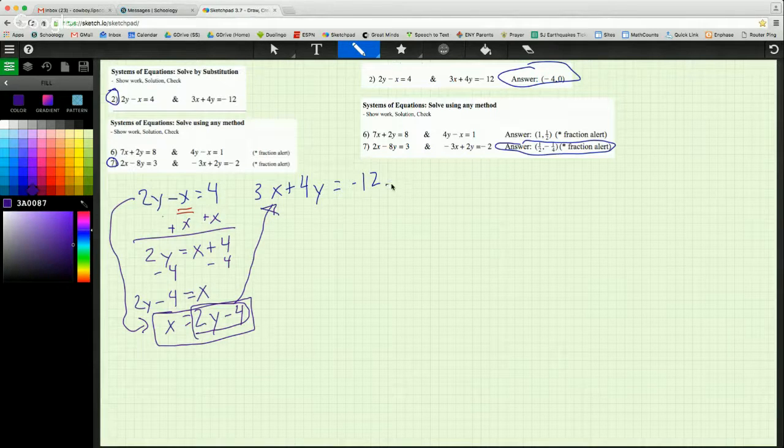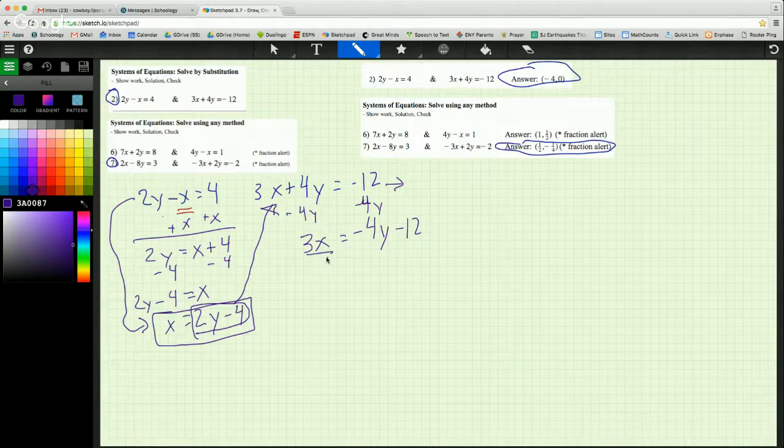Okay, so let's rewrite this guy. We're going to subtract 4y from both sides. Subtract 4y. Whoops. 4y, and we get 3x equals negative 4y minus 12.